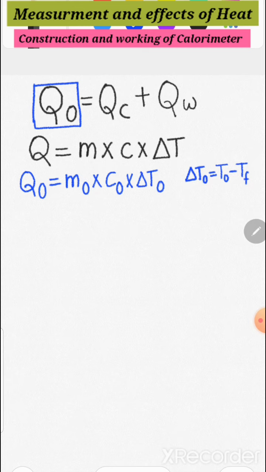Now we have to write for QC, that means the heat gained by the calorimeter. The heat gained by the calorimeter will be equal to mass of calorimeter into specific heat capacity of calorimeter into delta Tc.